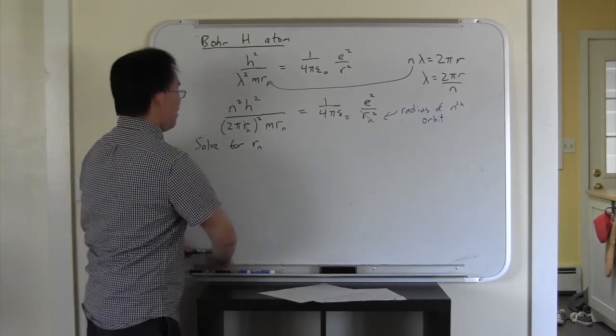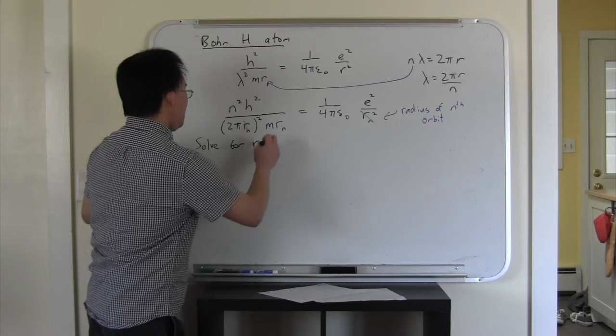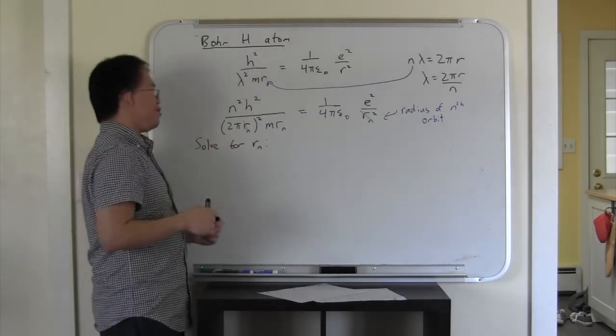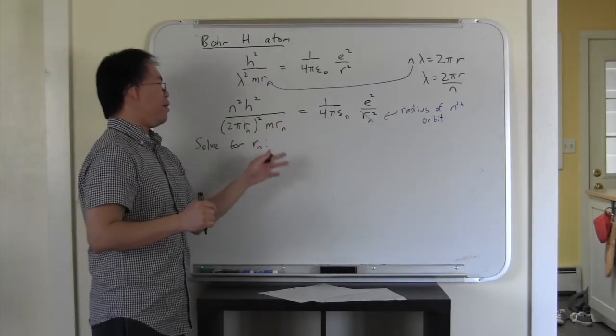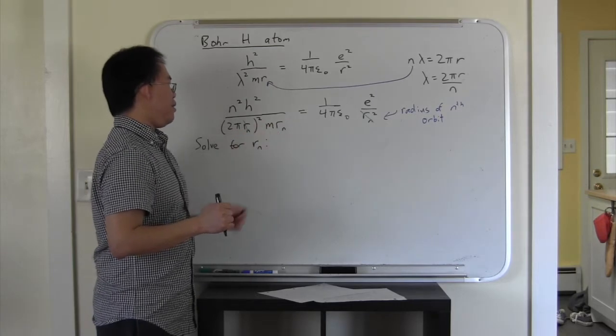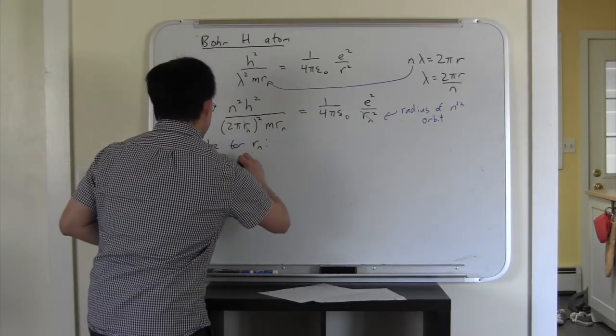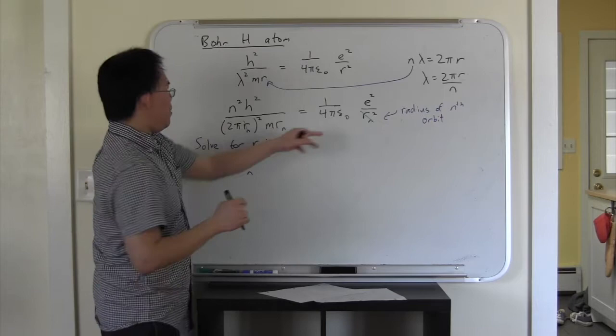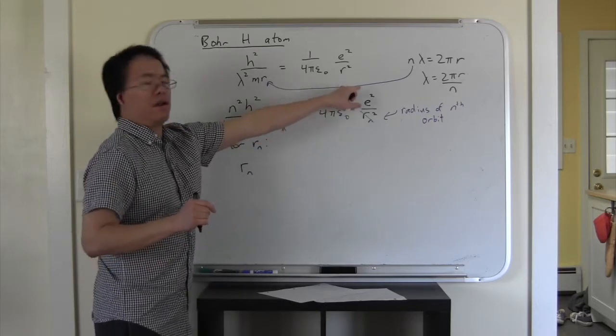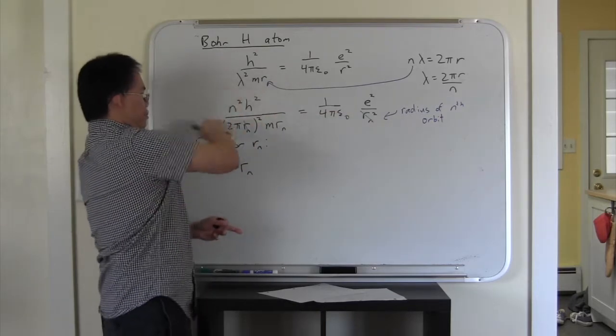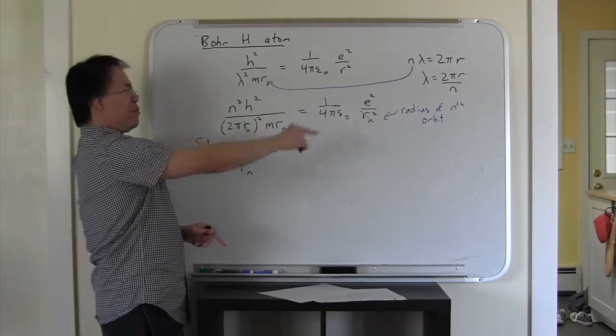So I'm going to flip the equation around. Let me multiply both sides by r sub n, so I get r sub n, and then I'll just divide the old left-hand side by all of this.